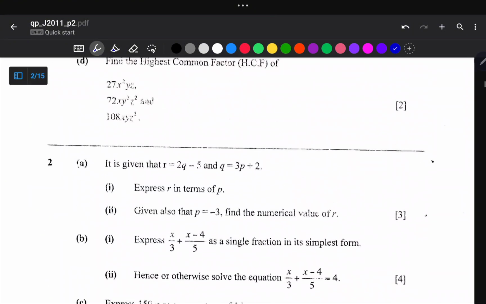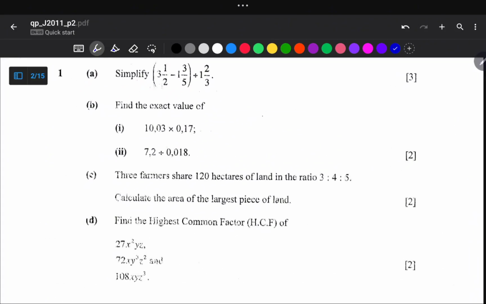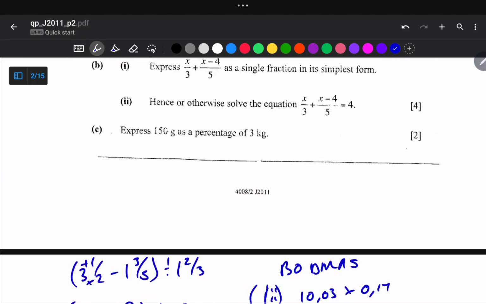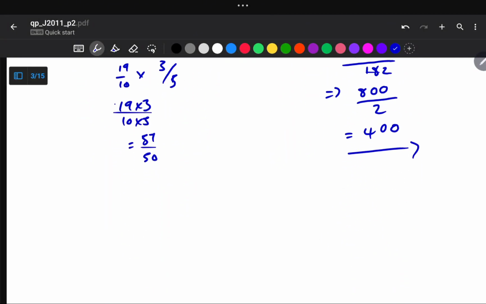So let us move on to part C of the question, which says 3 farmers share 120 hectares of land in the ratio 3:4:5, and we are required to calculate the area of the largest piece of land. So given that we are having this ratio, this is part C. Our ratio is 3:4:5.